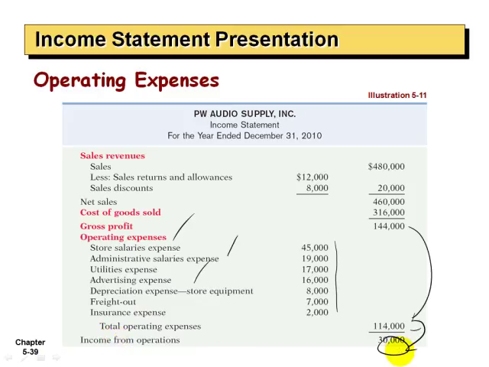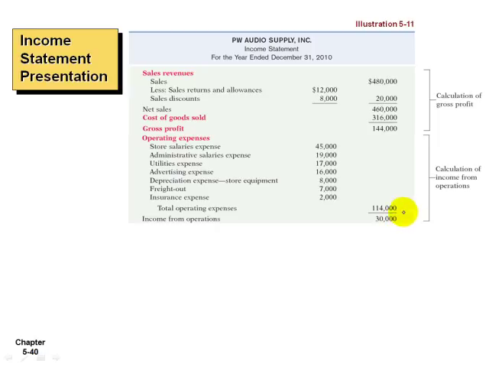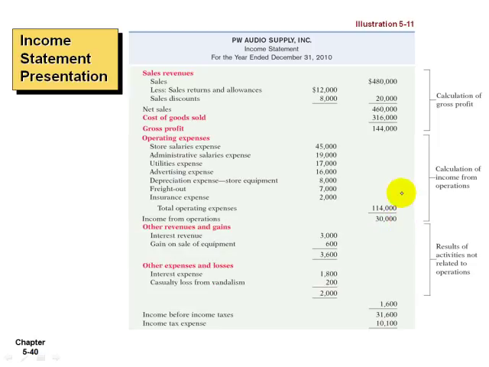So I would expect, if nothing changes for my company, I'll probably get roughly the same amount of operating income next year. So sales at the top, net sales calculation here, minus the cost of goods sold equals gross profit, minusing out the operating expenses equals net income from operations, and then you add miscellaneous revenue minus miscellaneous expenses including taxes to get our bottom line, the net income of our business.